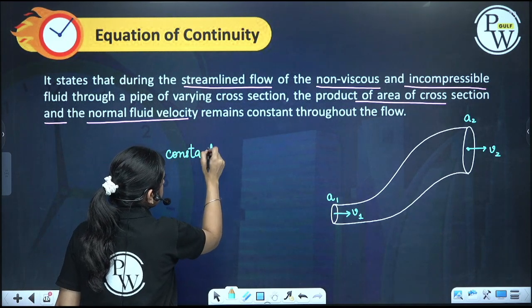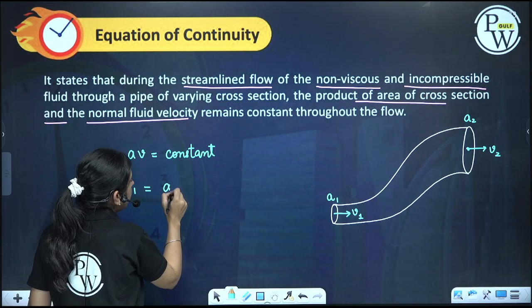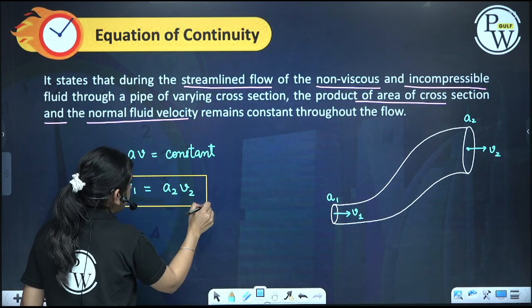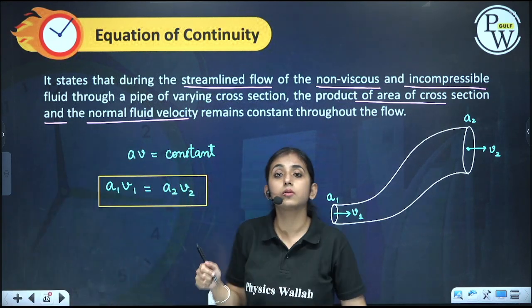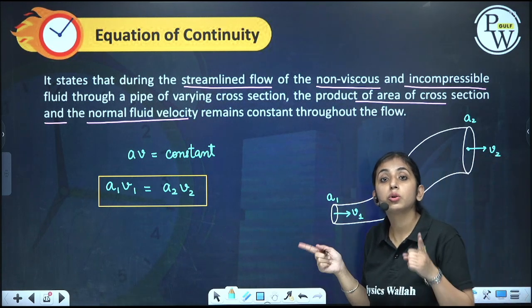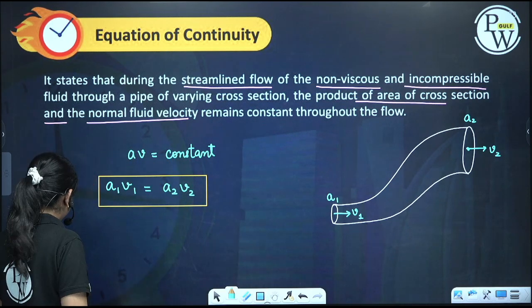Or we can say that A1 V1 is equal to A2 V2. This is called the equation of continuity. It is based on the conservation of mass.